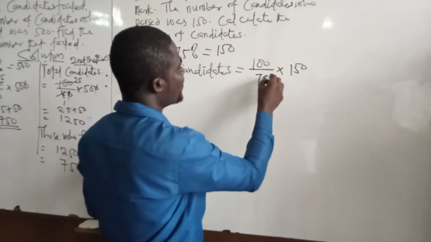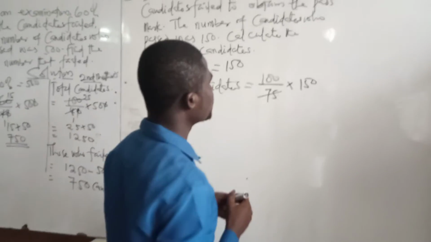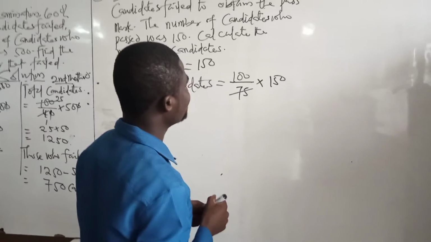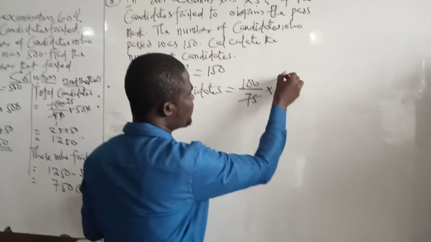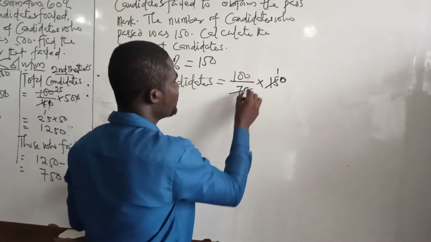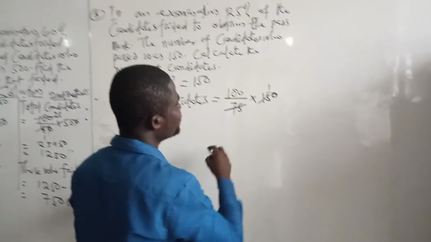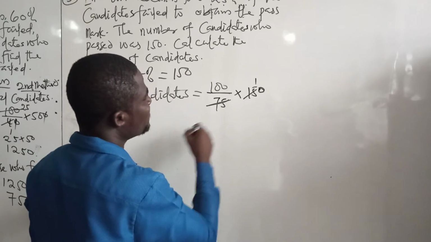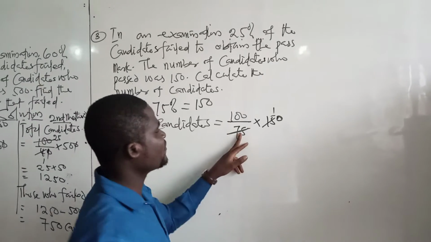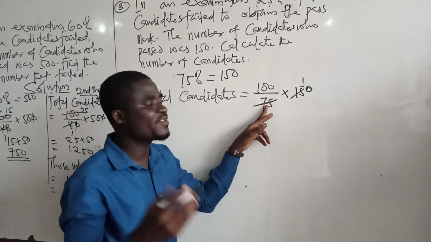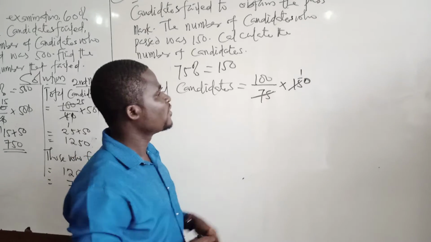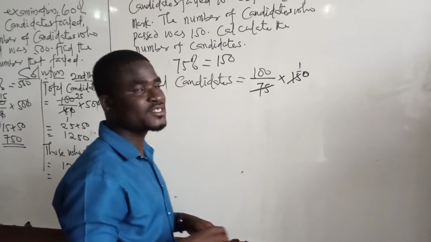Now let's cancel. Now 5 goes to 75, 15 goes here. 15 goes to itself 1. 15 times what number will give you 75? It's 5 times.